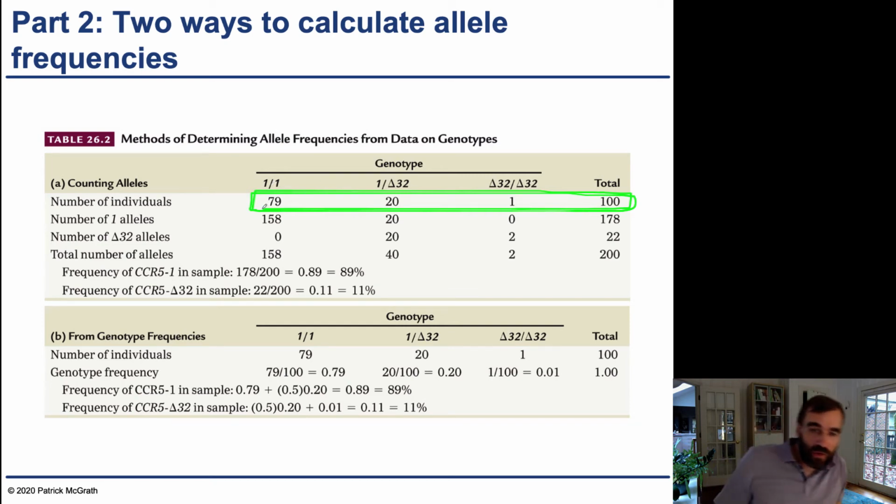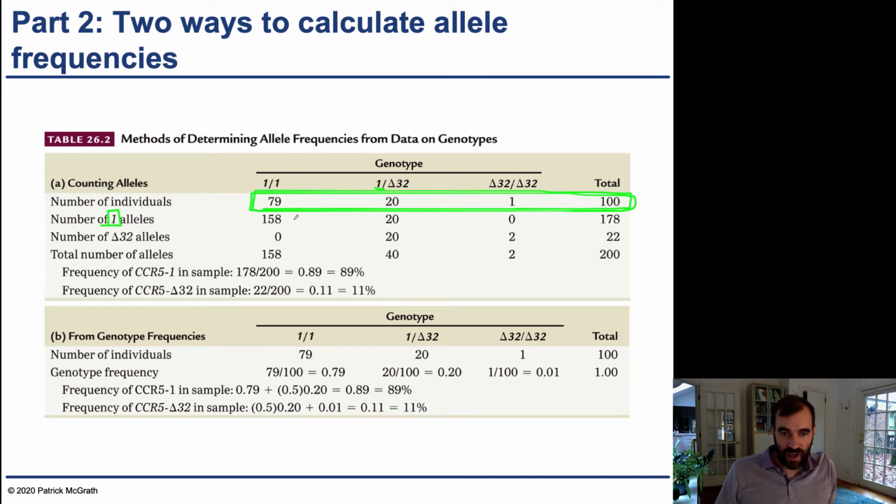And so we can use this to calculate the genotype frequency, and we can use this information to calculate the allele frequency. And so if we want to calculate how many 1 alleles there are, again, we just multiply 79 times 2, because each of these individuals has 2. Each of these individuals has 1 of this, so you have 20 right here. And then these individuals have 0, because they're homozygous for the other allele.